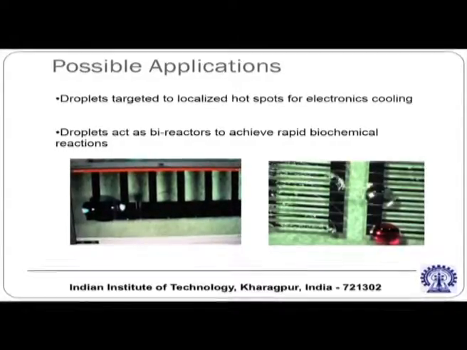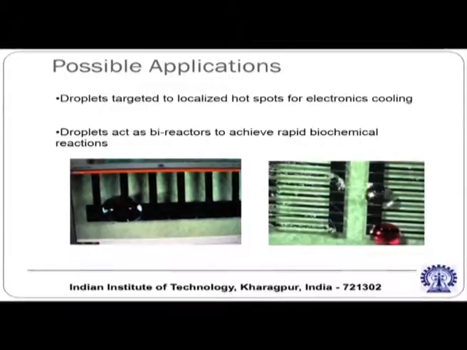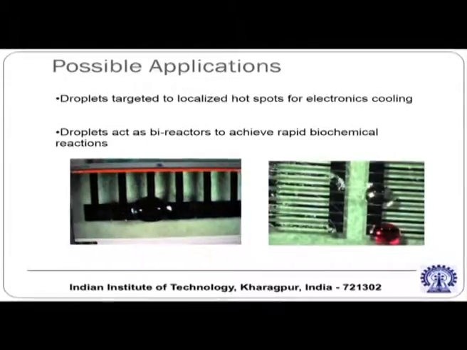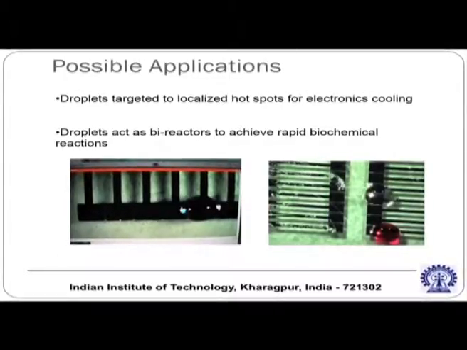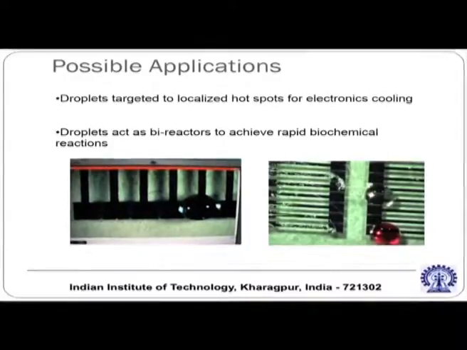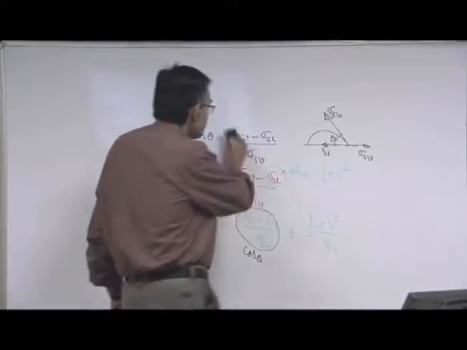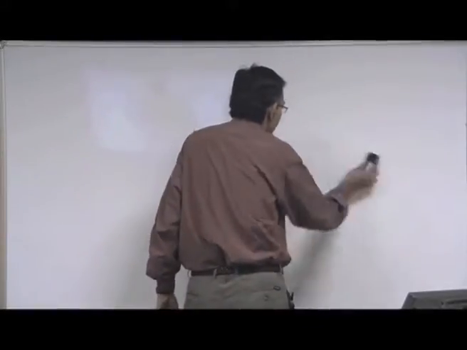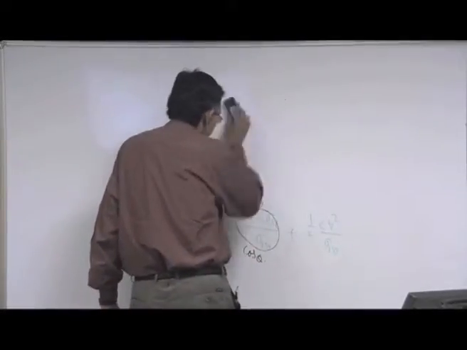Now I will tell you that by electrospreading, that is, by spreading of a droplet by a change in voltage, that itself may not be good enough to make a droplet move. Why? Let us draw a schematic to understand.